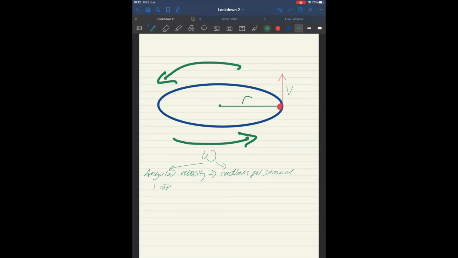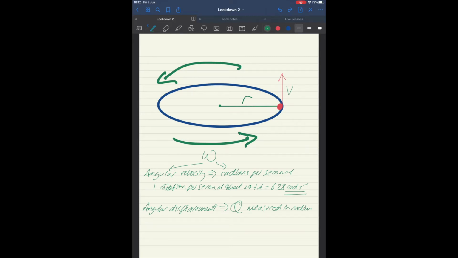So if you went 1 rotation per second, that would give you 6.28 radians per second, and that's the abbreviation, by the way. So angular velocity omega is in radians per second, and angular displacement is theta, measured in radians.